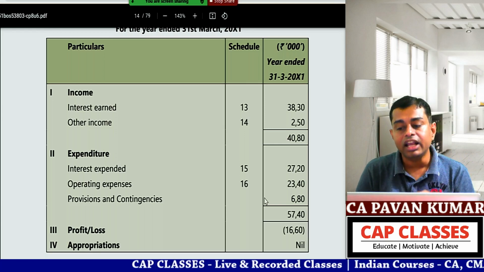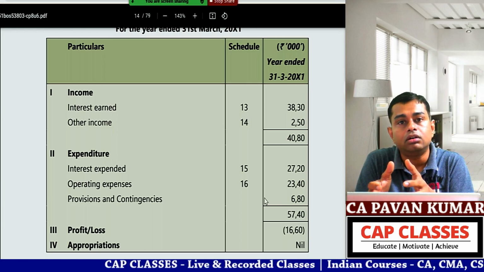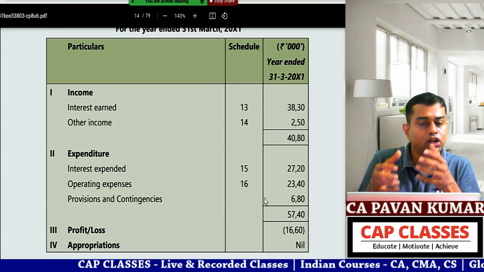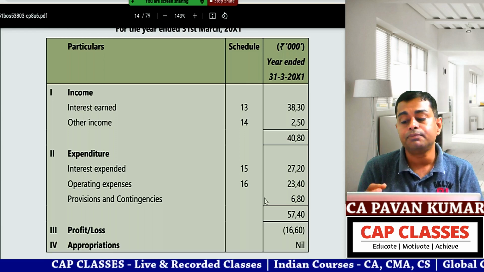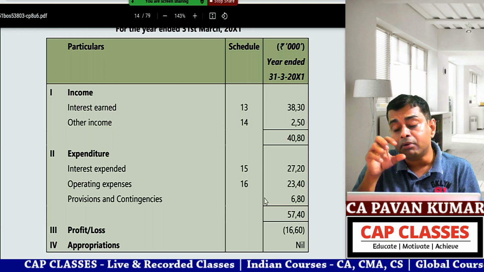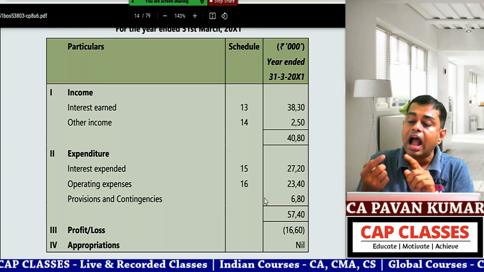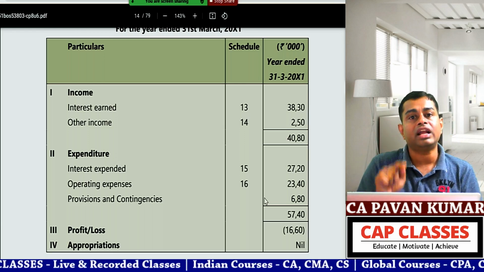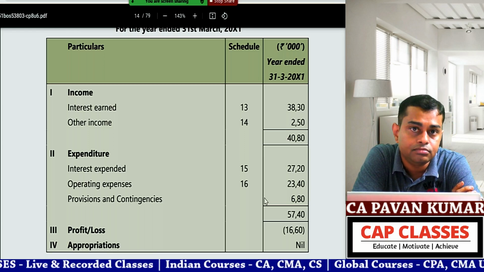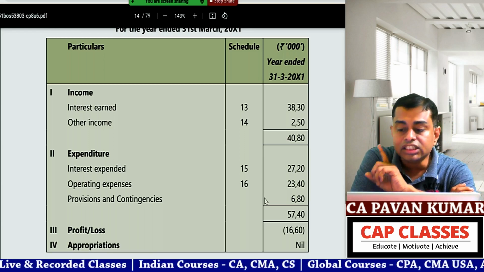In the working notes, we took the income earned on overdrafts, cash credit or term loan, whatever it is, subtracted income earned on NPA, and added only the cash element of the interest earned. That is adjustment 1.